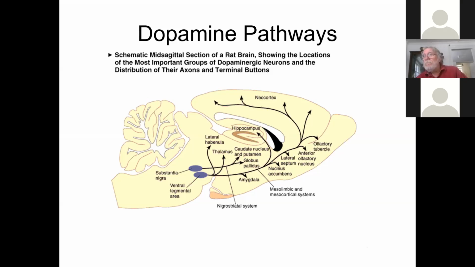And so what does dopamine do? Dopamine released from the A12 tuberoinfundibular region will act to inhibit prolactin.